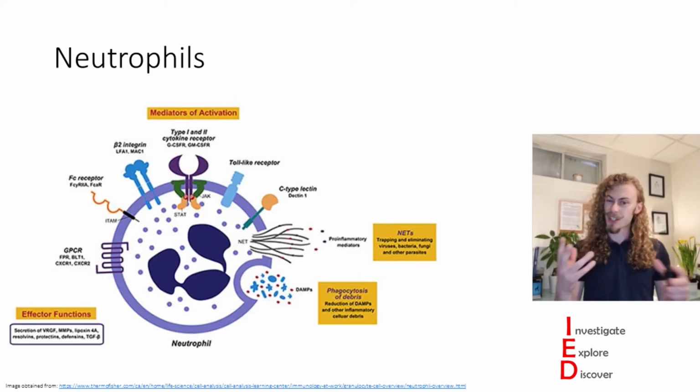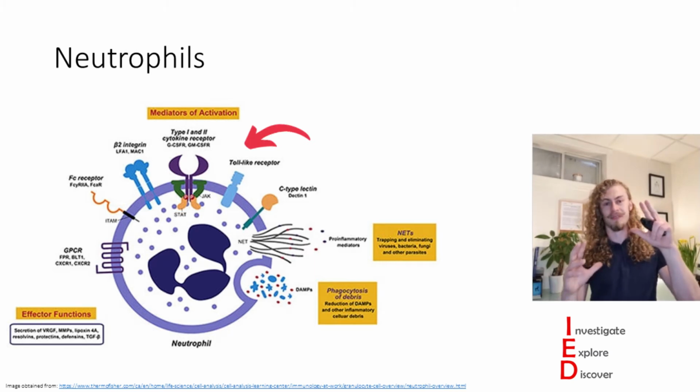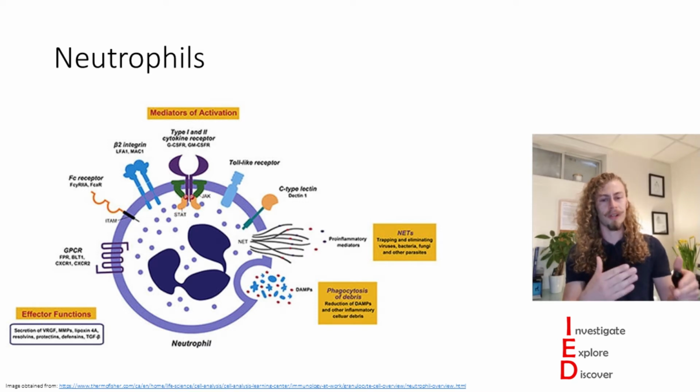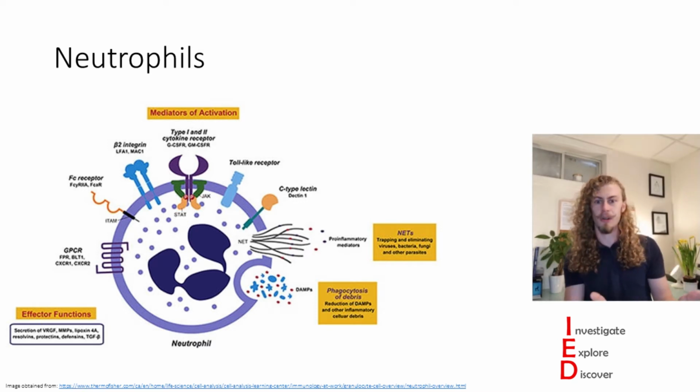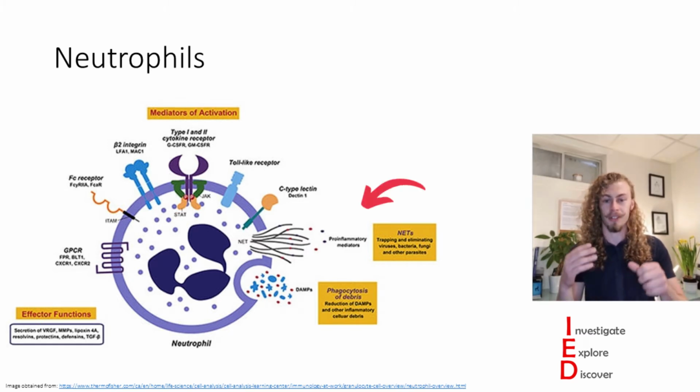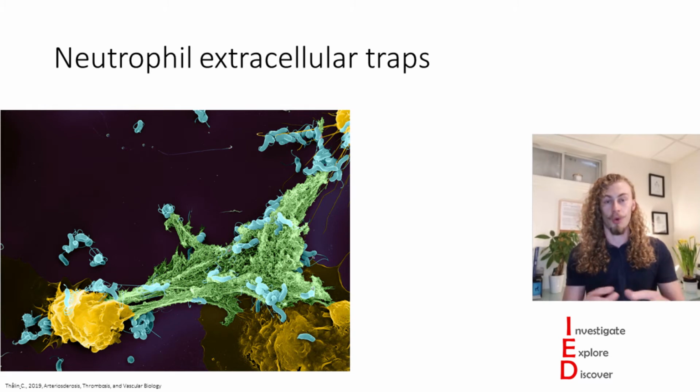Neutrophils are able to interact with their environment through a variety of different receptors that they have on the outside of their cell. This mediates their effector function. One of the most unique ways that neutrophils function, though, is through the generation of neutrophil extracellular traps. Neutrophil extracellular traps, or NETs, are extracellular fibers composed of DNA with histones and granule-derived enzymes such as myeloperoxidase and elastase.